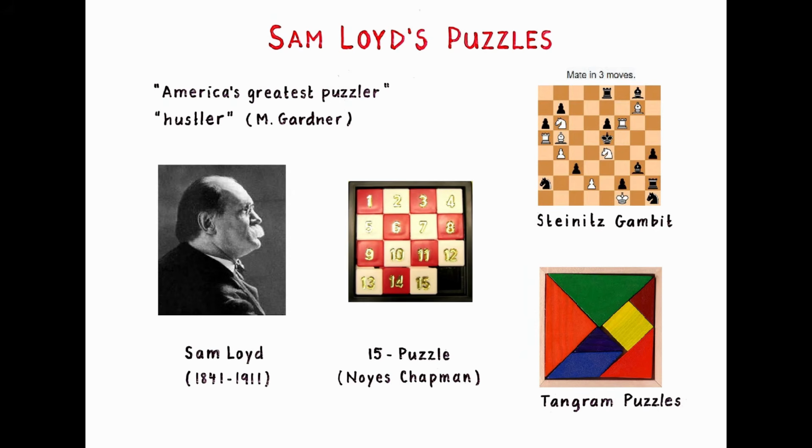Anyway, he also claimed until the end of his life that he was the inventor of the 15 puzzle, which you probably know, where you push around little squares to put them in order. But that was a lie. It was actually patented much earlier than Sam Loyd made it popular. So that much about Sam Loyd's puzzles.